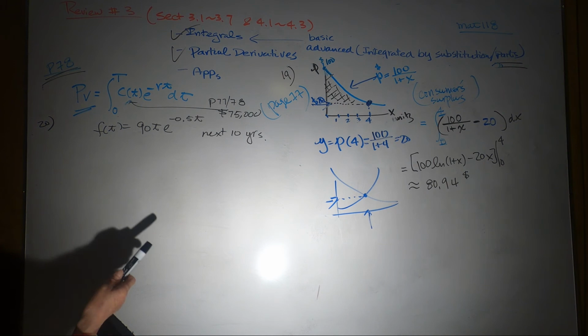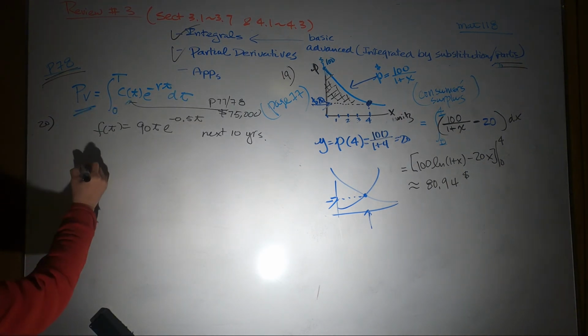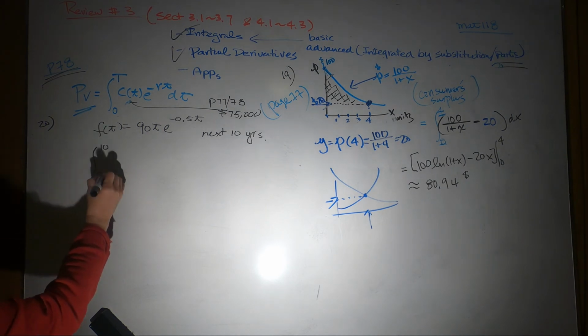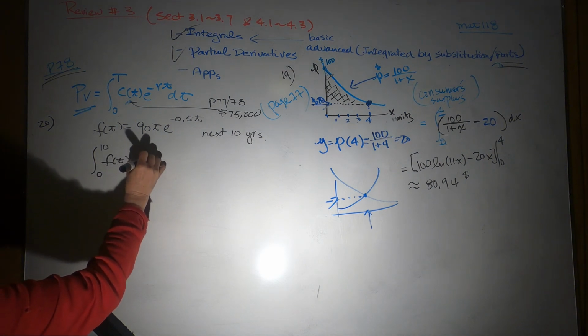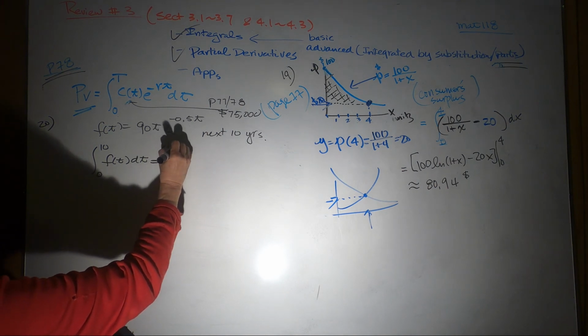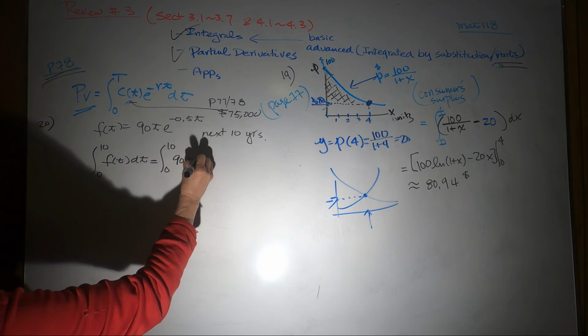But it's still called integration. So what we want to do is a continuous stream of income for 10 years, right? You do your f(t) dt, like those. So from 0 to 10, your f(t) is this one, the continuous stream of income.